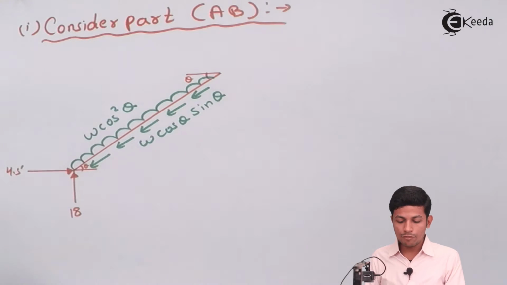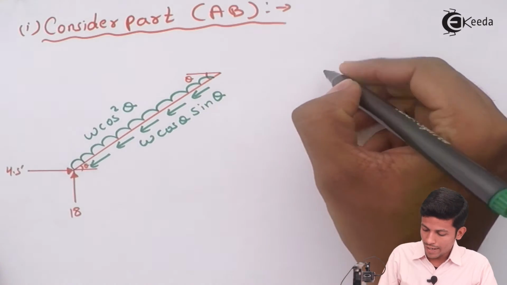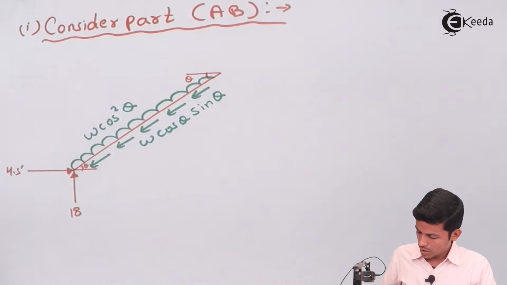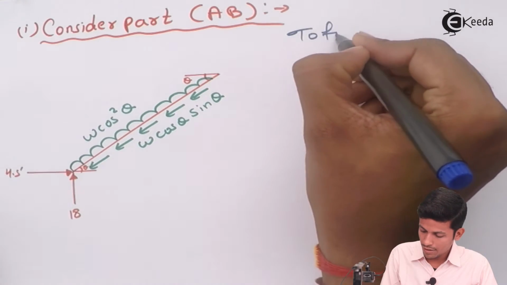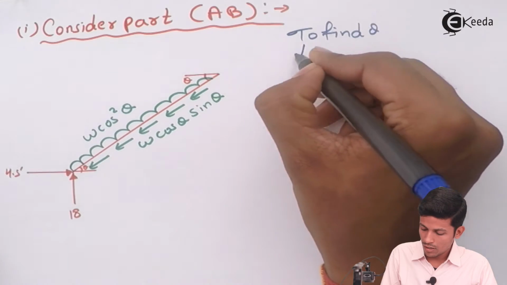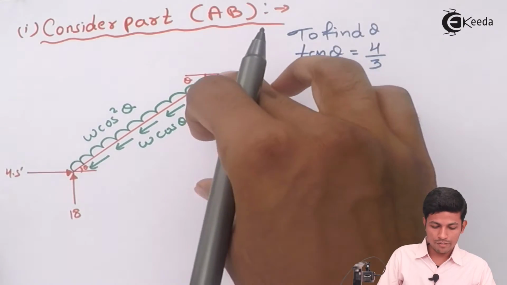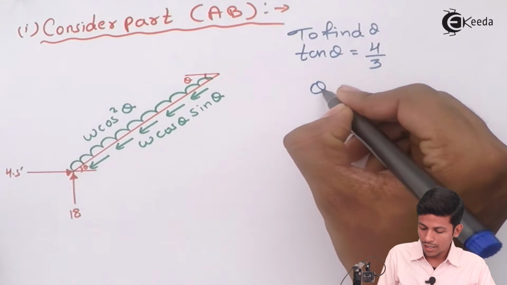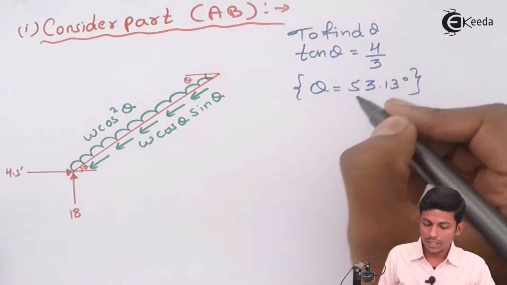First of all, we have to find theta. To find theta, tan theta is equal to opposite upon adjacent. Opposite is 4 meter and adjacent is 3 meter. Therefore theta is 53.13 degree.